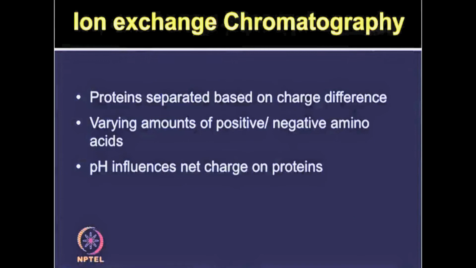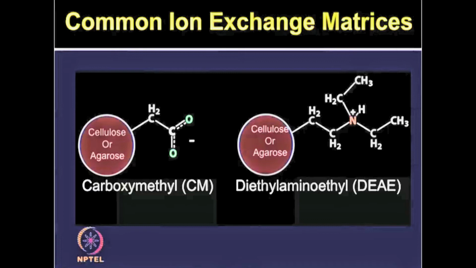The proteins with overall negative charge will interact with positive charges, or vice versa. So, varying the amount of positive and negative amino acids, and even pH, can influence the net charge on proteins. In this slide, some of the common ion exchange matrices are shown, like carboxymethyl CM and diethylaminoethyl DEAE.